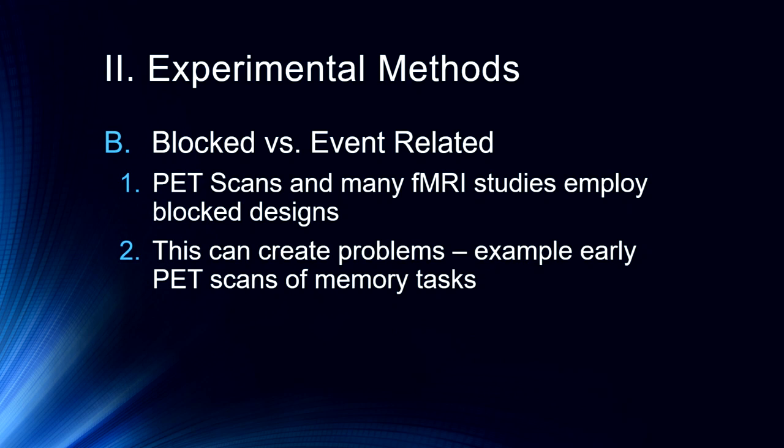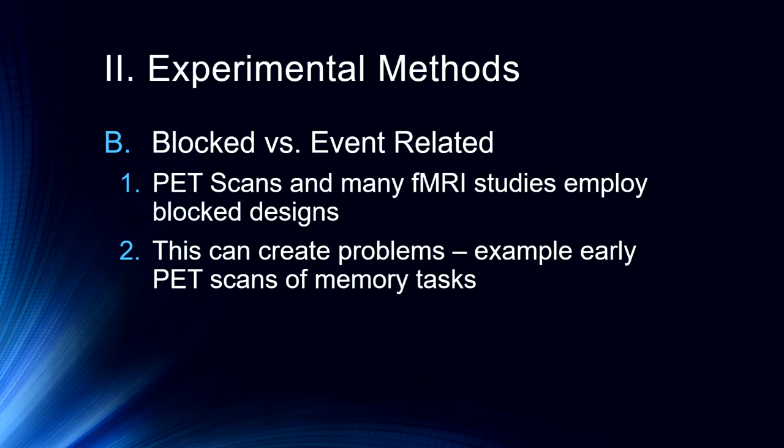one of the things we do a lot in memory studies is we use what is called recognition memory. Essentially you study a list of words, then you get a new list of words, and your task is to determine which words are from the study list and which words are new items.